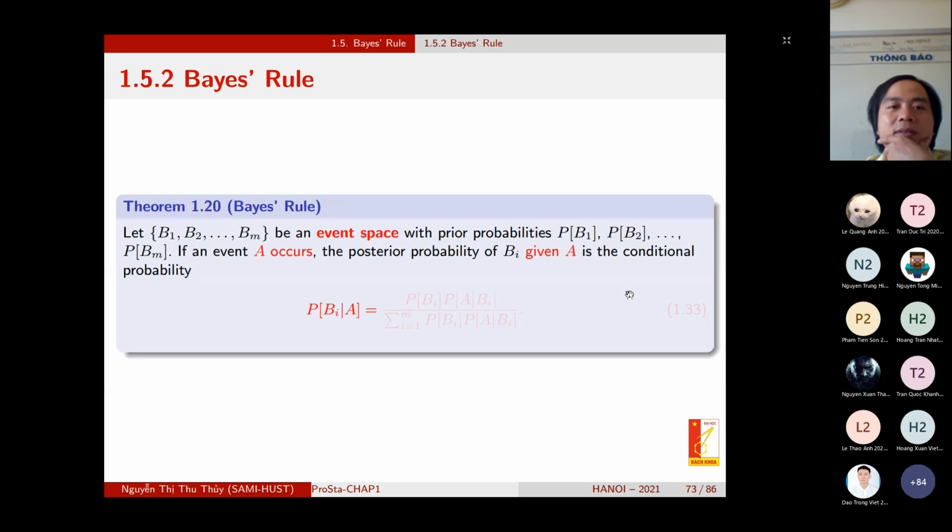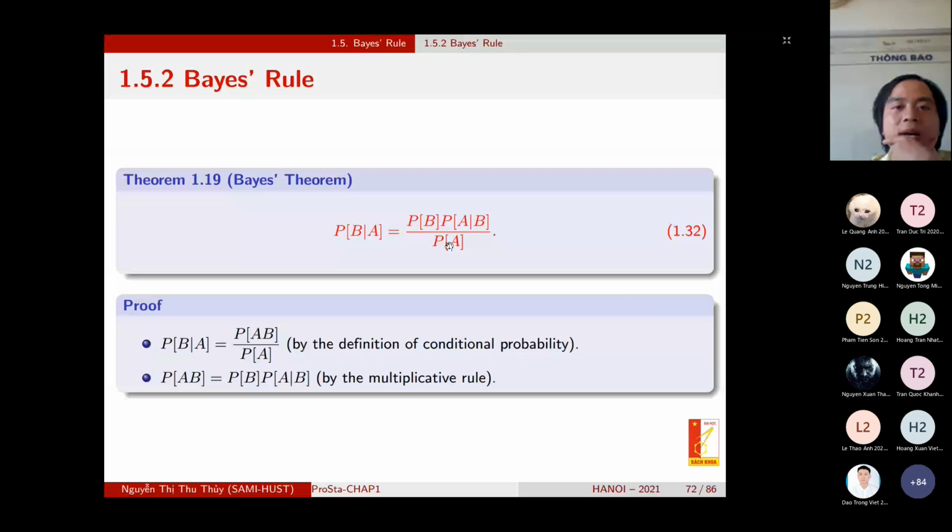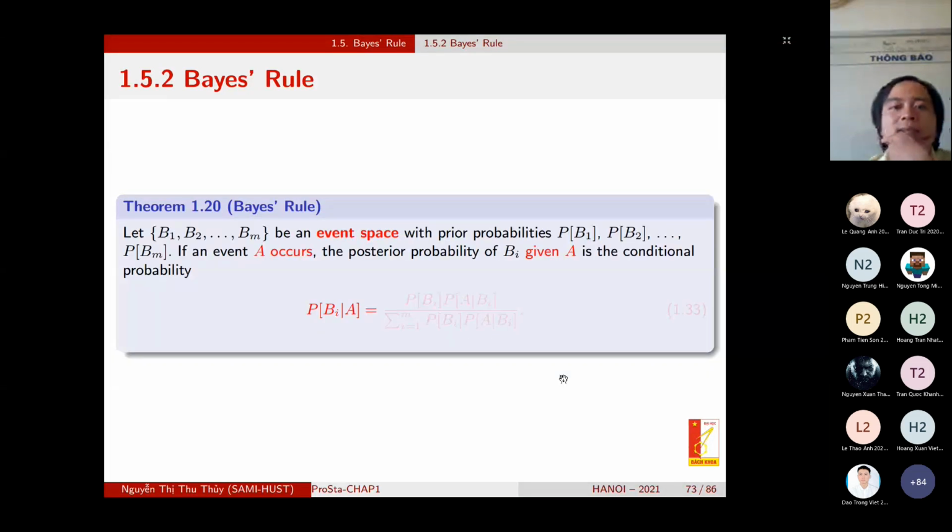And also, you know that P(A) can be computed by applying the law of total probability. So the other form of Bayes theorem is here in formula 1.33. Instead of computing P(A) directly, we split it into small parts and take the summation.